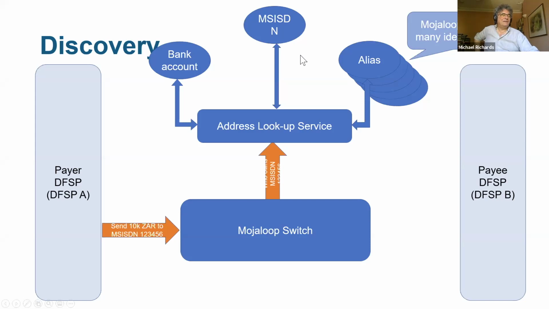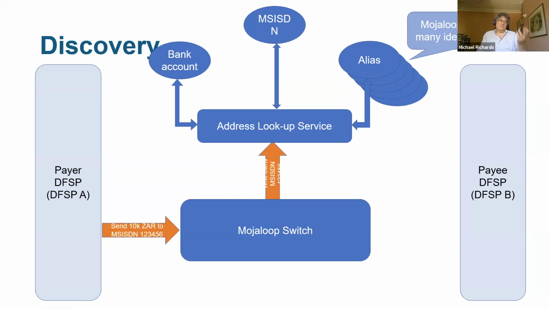So it will be sent to the correct, what we call oracle. Now, an oracle is something that resolves an identifier to a participant bank or mobile money system or MFI or whatever it might be. And the way the Mojaloop system is structured allows, first of all, oracles to work in quite different ways. And second, oracles of the same kind to work in different ways in different systems.